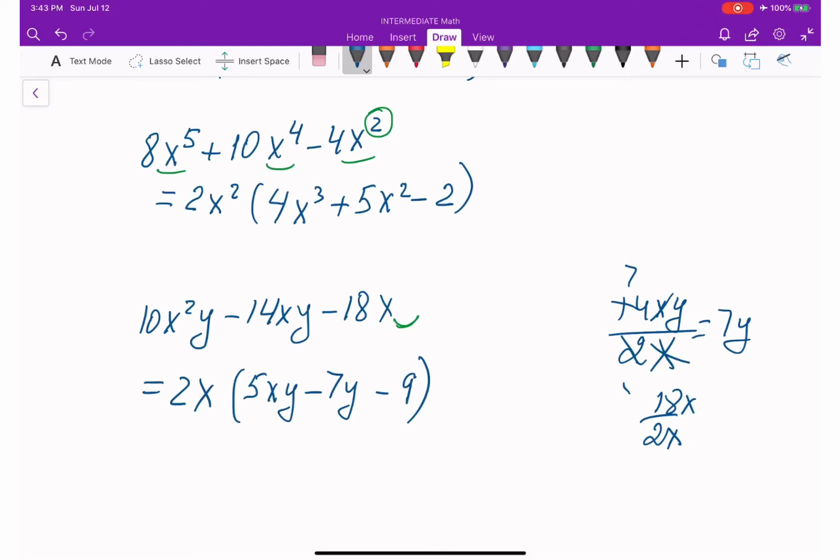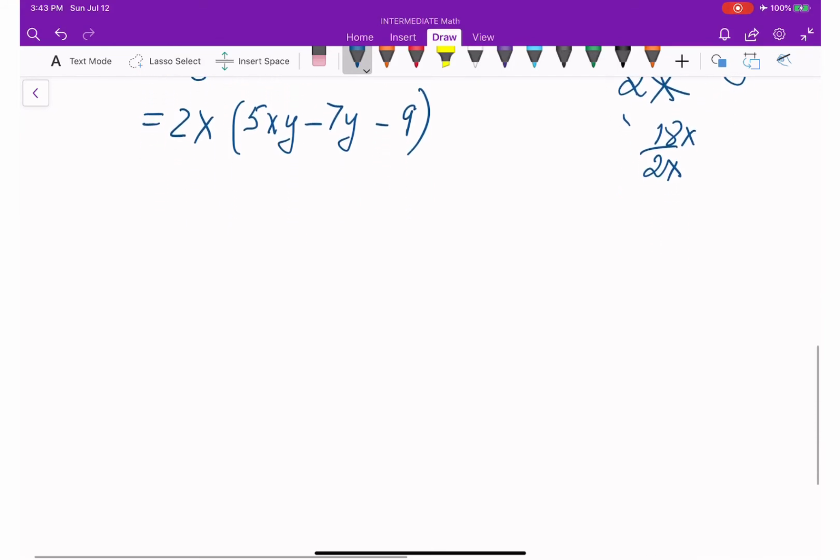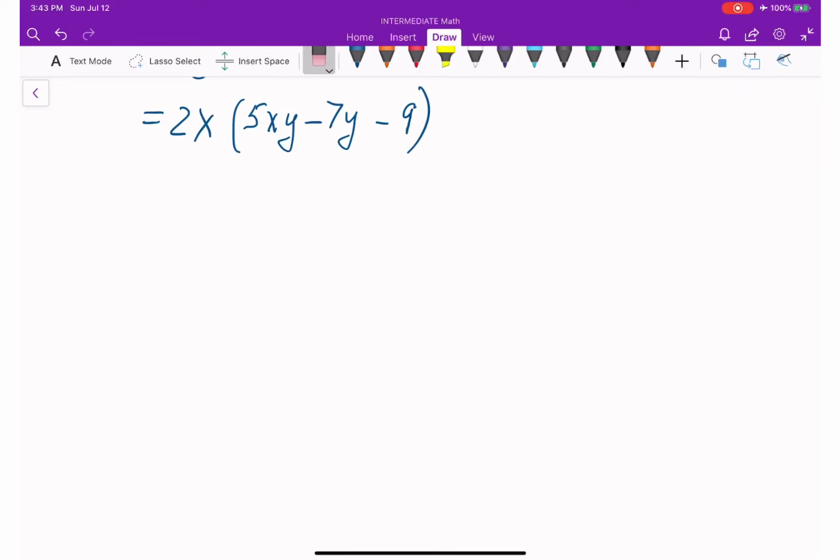All right. Let's do 4 terms. So 5xy^2 minus 7ay plus 3xy and minus 3y.